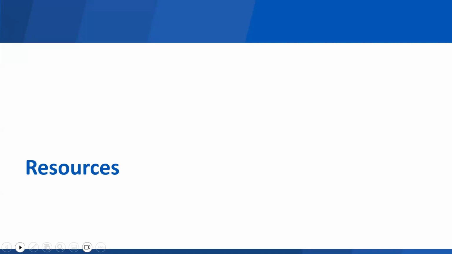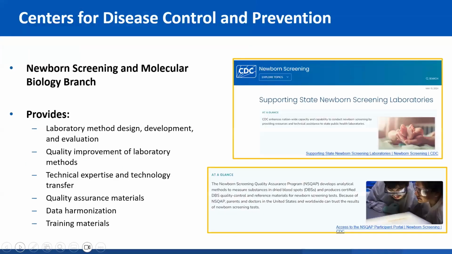The next slide shows some of the activities that we have in our own program at the CDC under the Newborn Screening and Molecular Biology branch. We're engaged in newborn screening test development, where we develop new tests for new biomarkers or anticipated conditions. And also we spend some time looking at some tests that really require some improvement and enhancement.